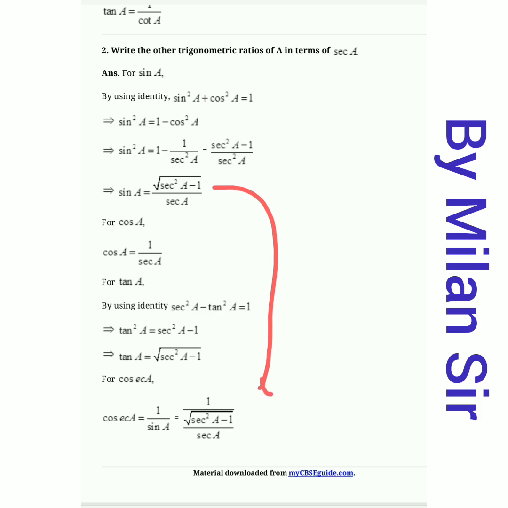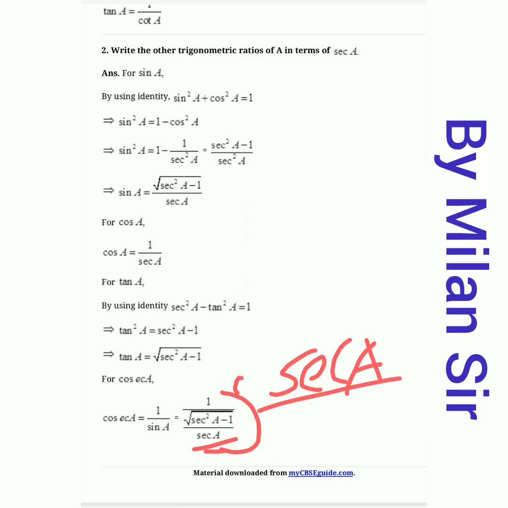We can directly write our answer. But if you write like this, then the denominator's denominator, meaning sec a, goes in the numerator. So the final answer is sec a upon square root of sec square a minus 1, right?